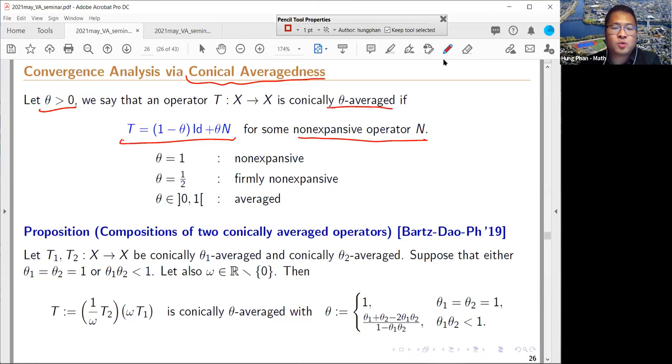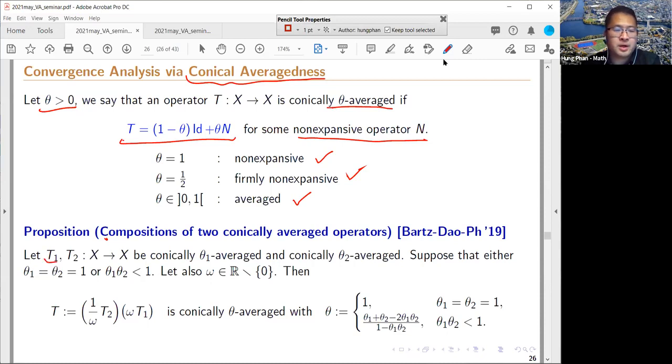So if theta equals 1, we have non-expansive. If theta is 1/2, it is precisely firmly non-expansive. And if theta is between 0 and 1, we have the classical averaged operators.